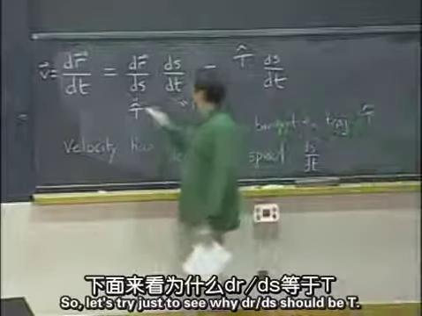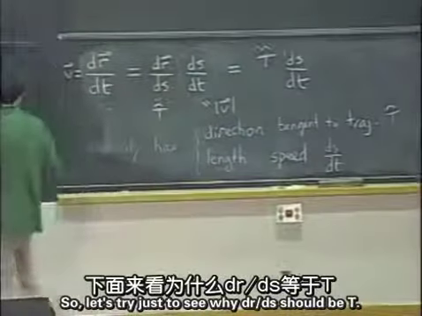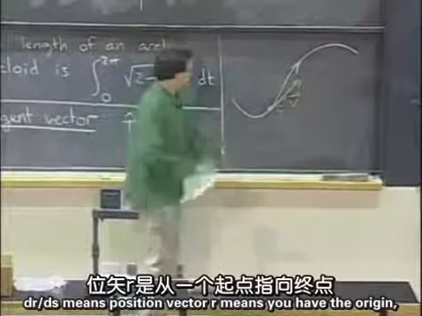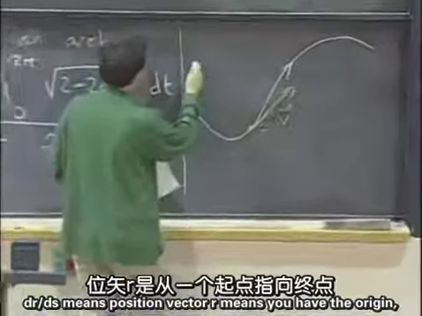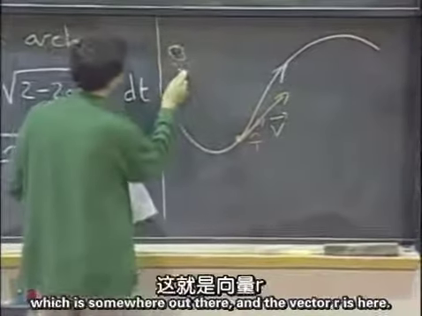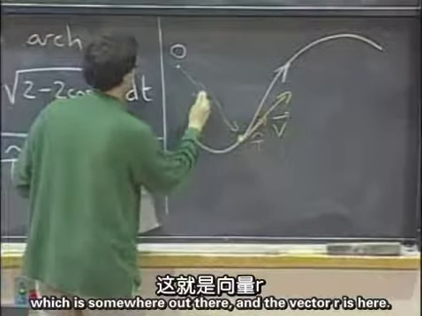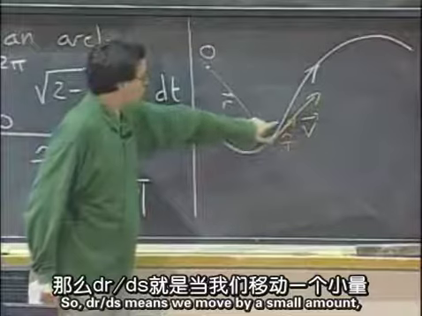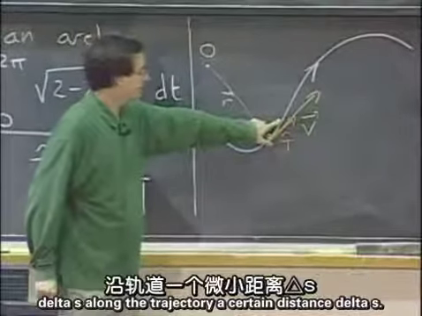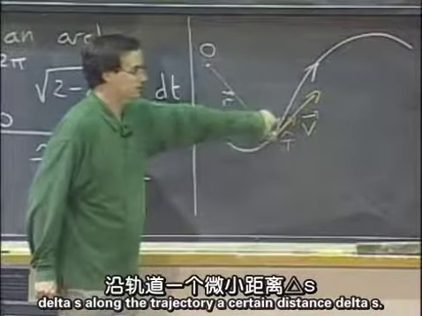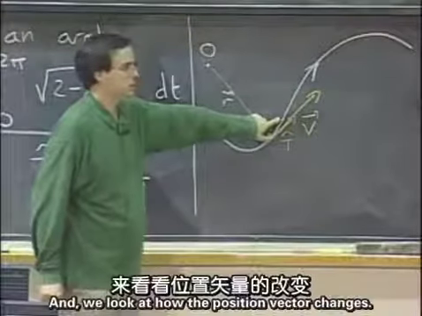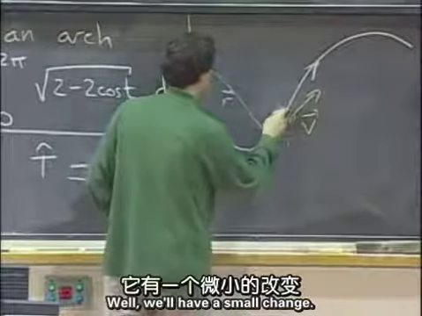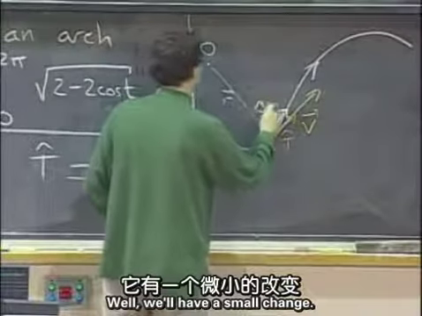So let's try just to see why dr ds should be t. Well, let's think of dr ds. Dr ds means, position vector r means you have the origin, which is somewhere out there, and the vector r is here. So dr ds means we move by a small amount delta s along the trajectory, by a certain distance delta s. And we look at how the position vector changes. Well, we'll have a small change.